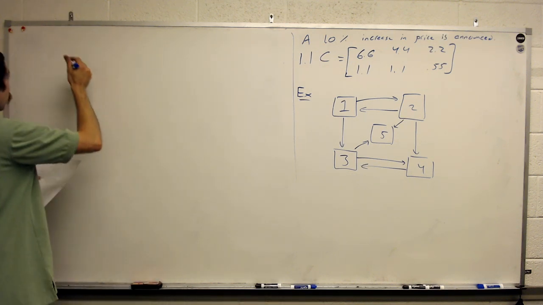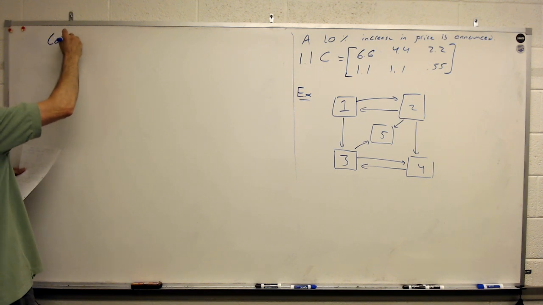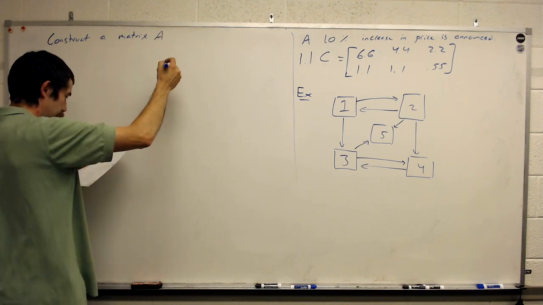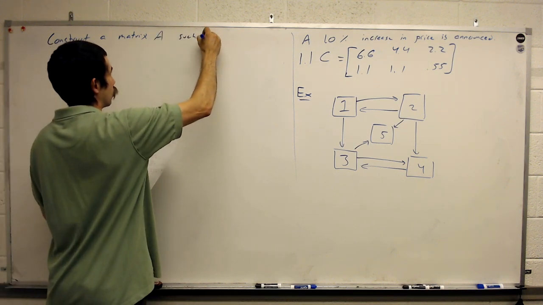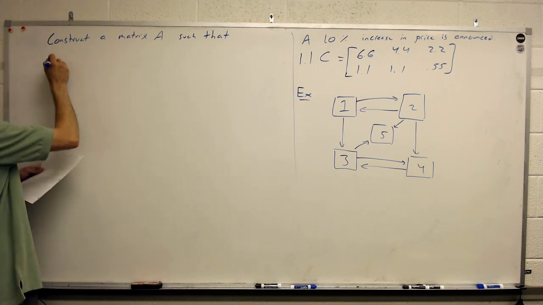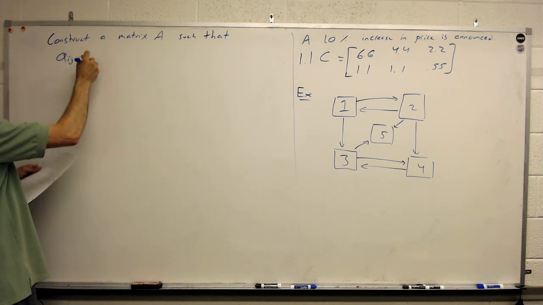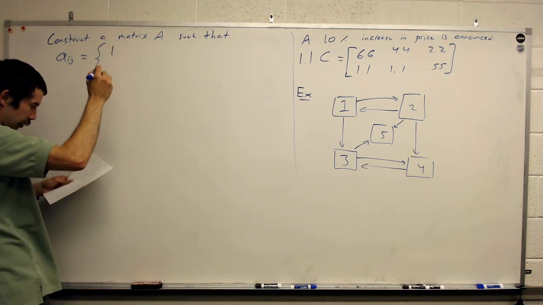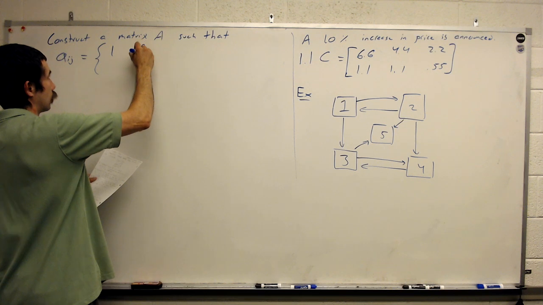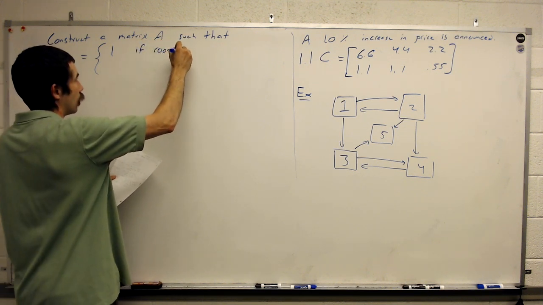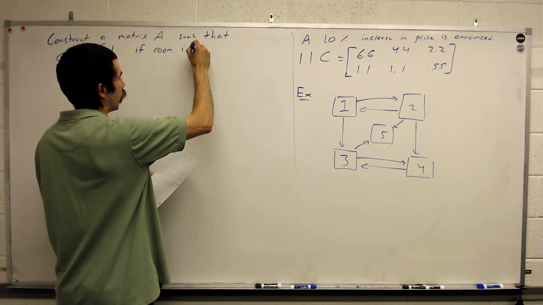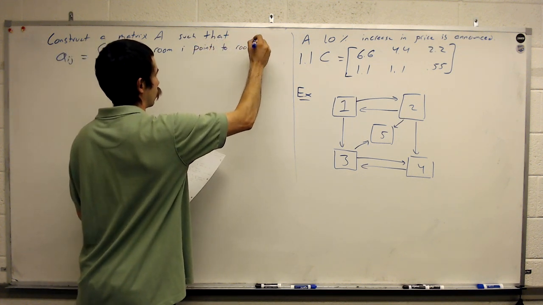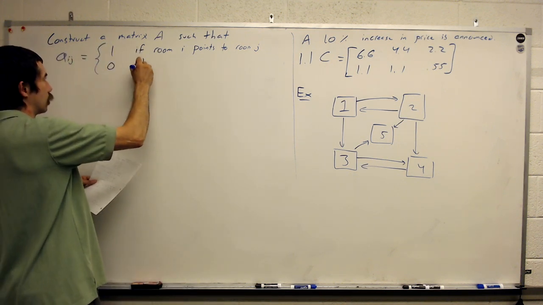So let's construct a matrix A such that the entries in A, i, j, so these are just the various entries in our matrix, is equal to 1 if room i points to room j, and 0 otherwise.